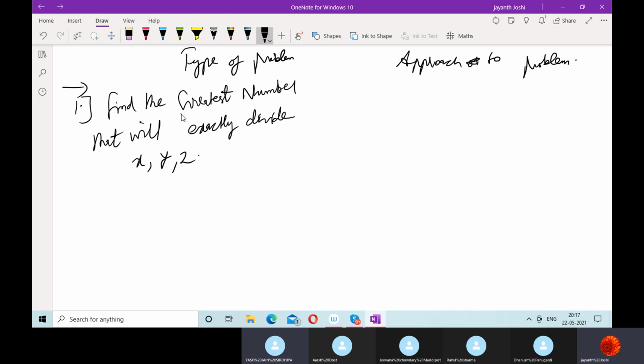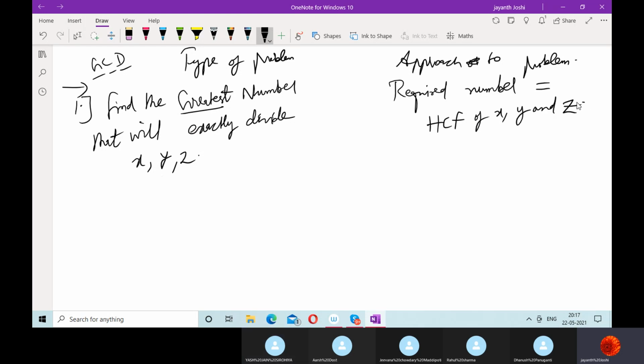When I speak about the greatest number, you know GCD, greatest common divisor. So what shall I find? HCF or not? The required number is equal to the HCF of x, y and z. That is the greatest divisor. Please make a note of this.